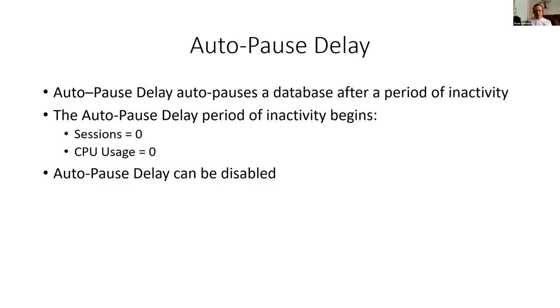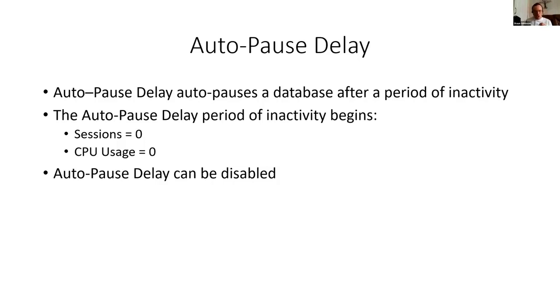And that brings me to the fact that the auto pause delay can be disabled. So there may be scenarios where you want to disable the auto pause delay, where you maybe have a workload that needs the database to be online immediately. Maybe the workload cannot wait for that 30 to 45 second period that a serverless database needs to come online.